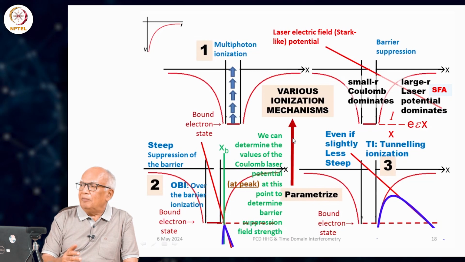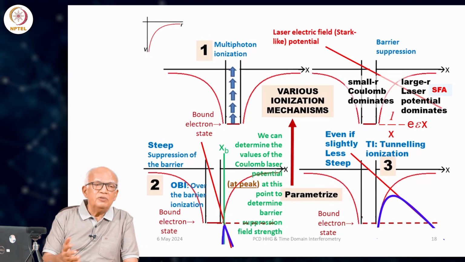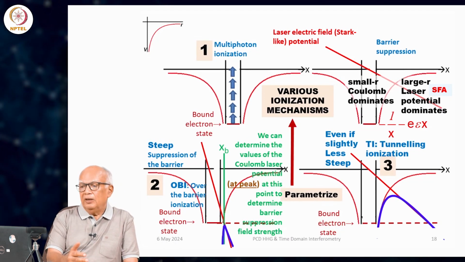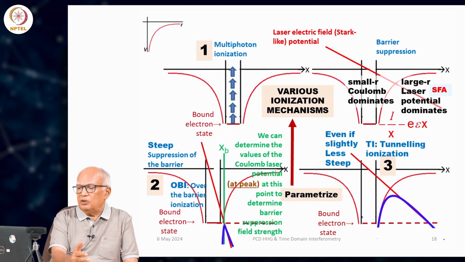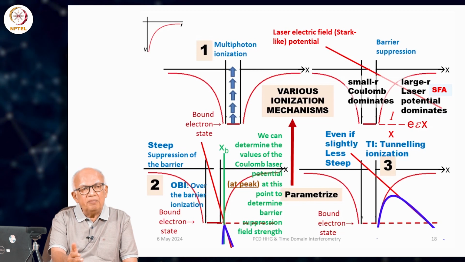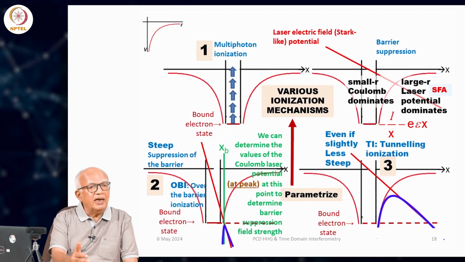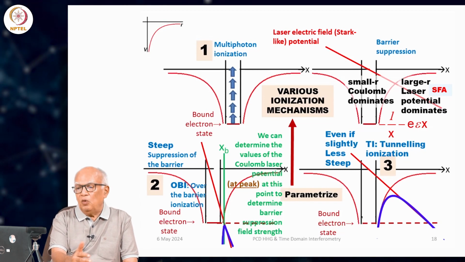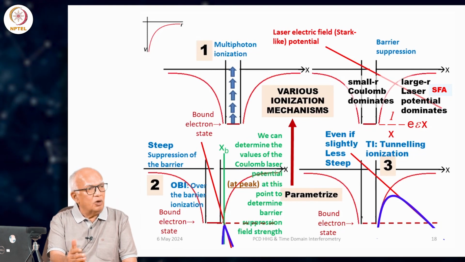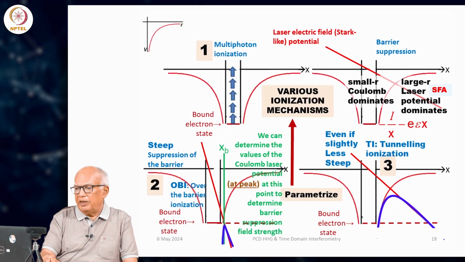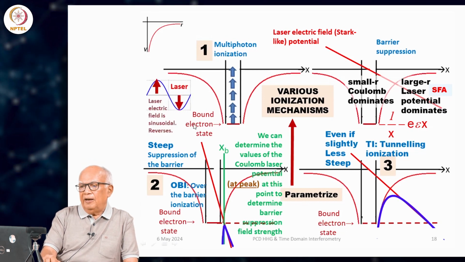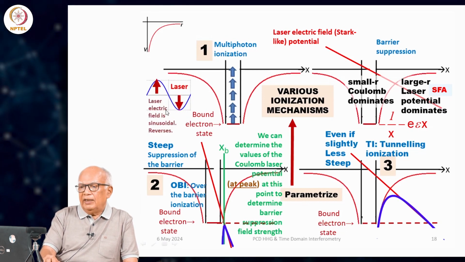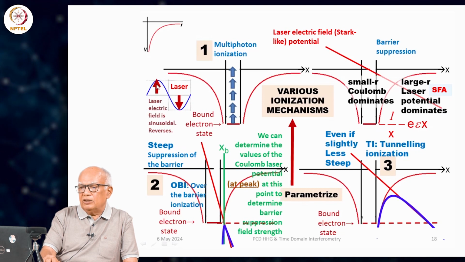to say that, okay, this is the condition that should be satisfied so that tunneling ionization will take place, another condition will be satisfied such that over the barrier ionization takes place, and so on. So, this is the parameterization that we shall be attempting, and it is to be remembered that the laser electric vector is oscillating.